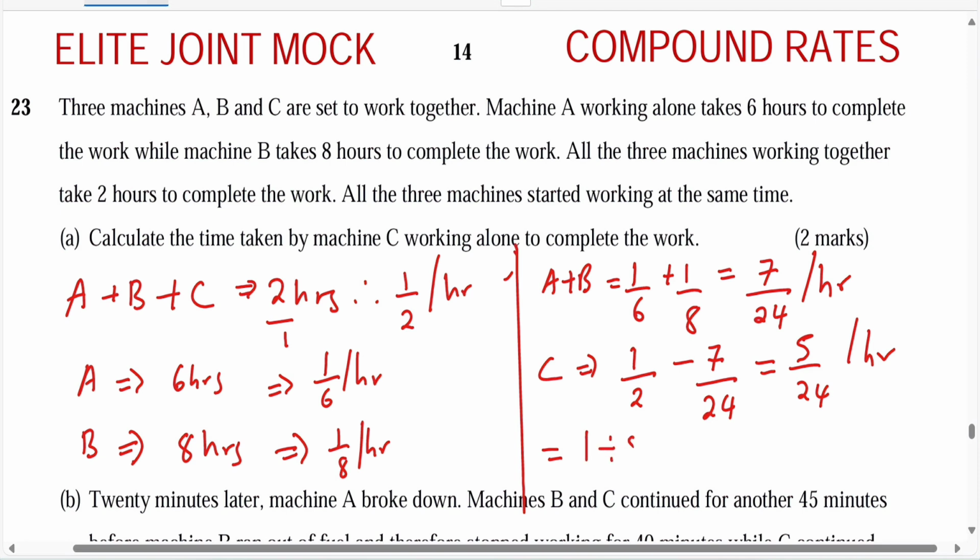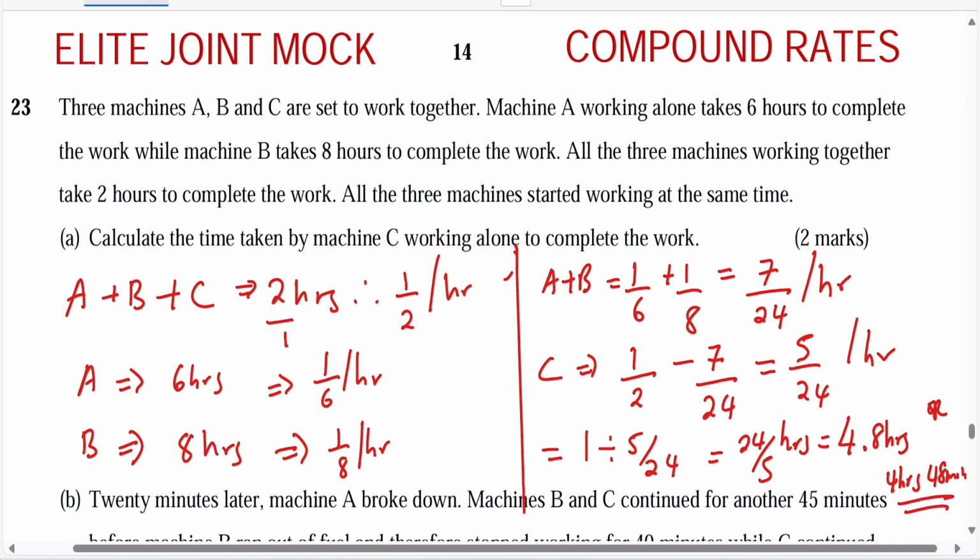Utafanya 1 divided by 5 over 24, ambao ni 24 over 5, which is 24 divided by 5, ni 4.8 hours. Or ni 4 hours and 48 minutes most probably.